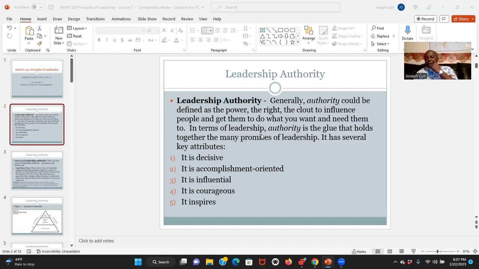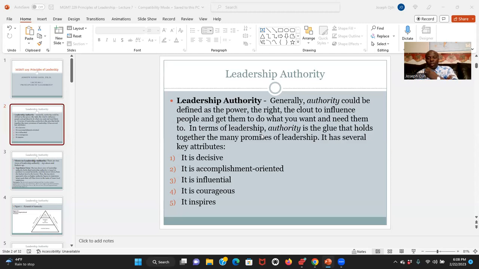The third attribute is influential. The person that wears authority has to have influence. He has to be the kind of person that the employees listen to, or even if it is a non-profit organization, somebody that people can listen to.